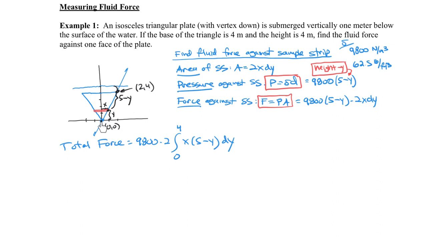Well, we can see the y-intercept b is 0. If we find the slope, it's going to be (4 minus 0) over (2 minus 0), y2 minus y1 over x2 minus x1. So the slope is 2.